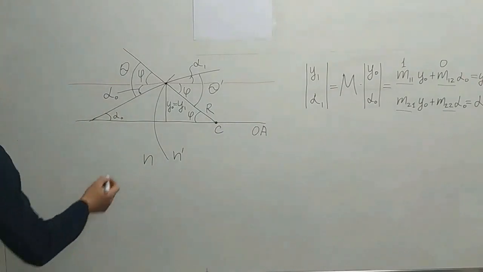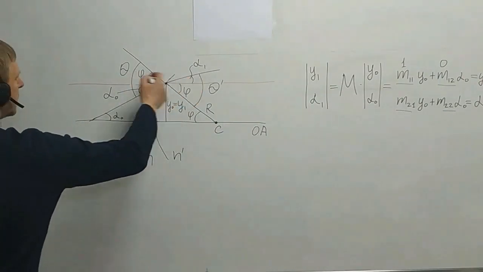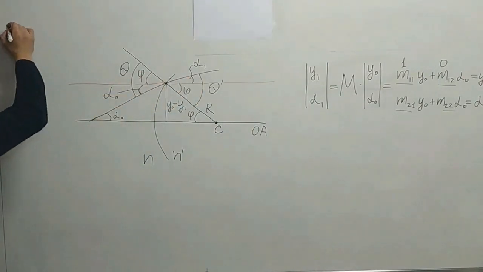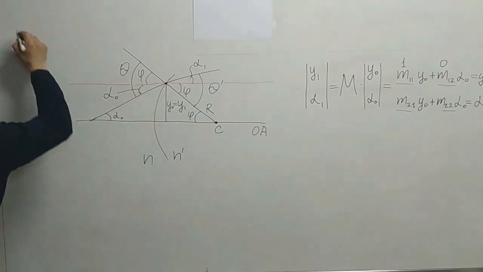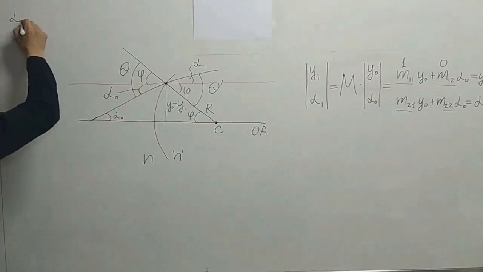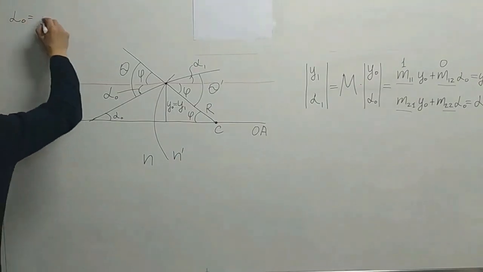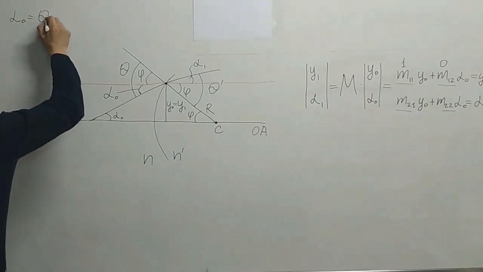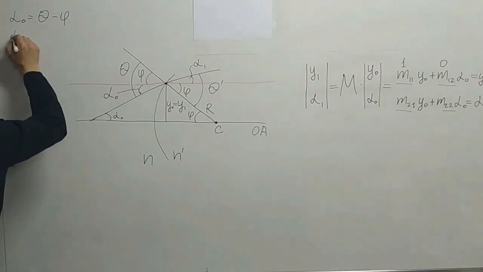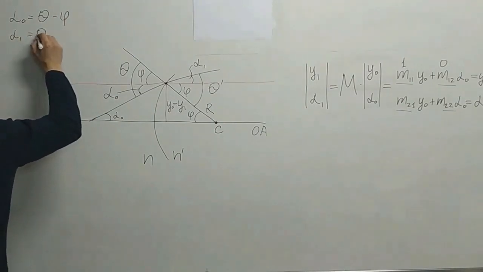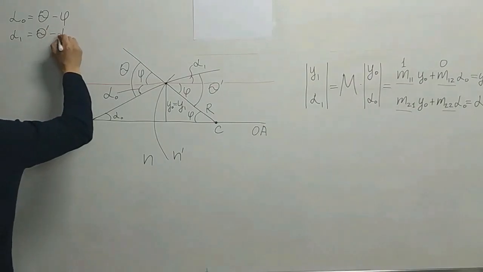For that, I will consider these two angles. From this set of angles, alpha 0 is equal to theta minus phi, and alpha 1 is equal to theta prime minus phi.